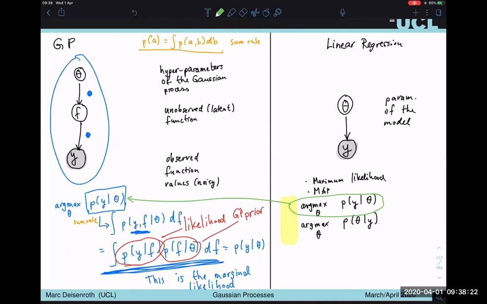Because it's very similar to maximum likelihood, maximizing the marginal likelihood is also called maximum likelihood type 2 estimation, because it requires the second level of inference here as well.